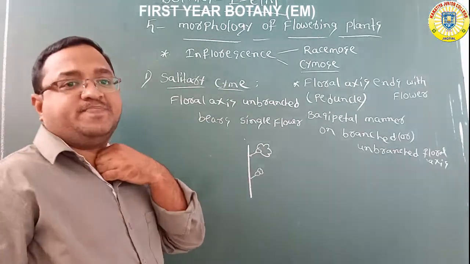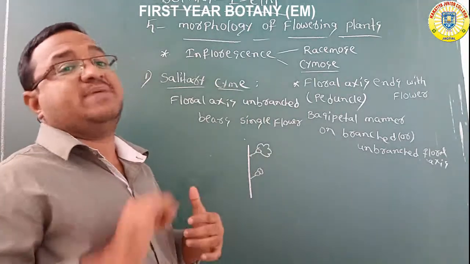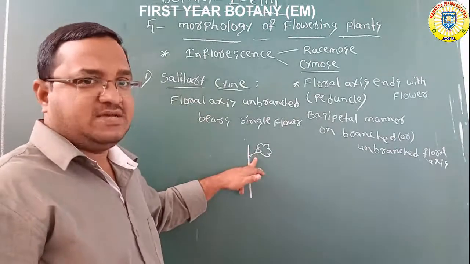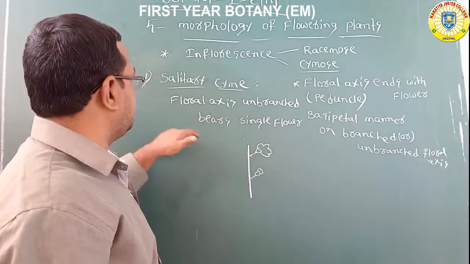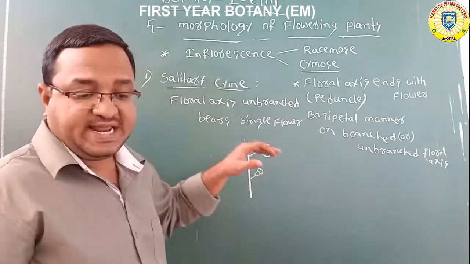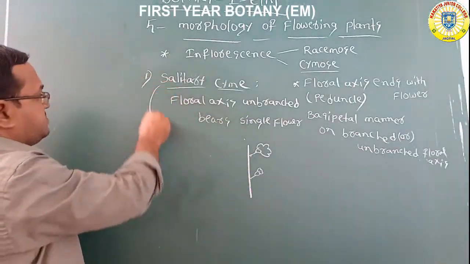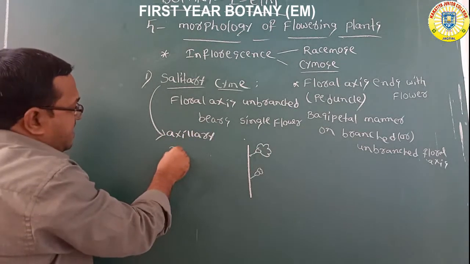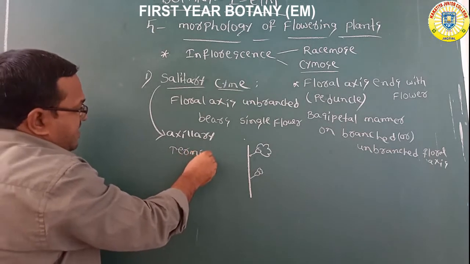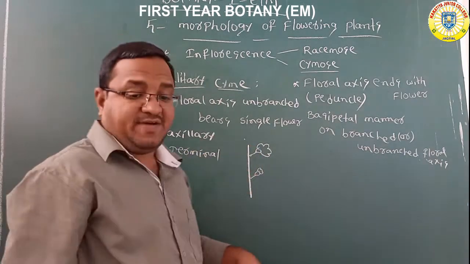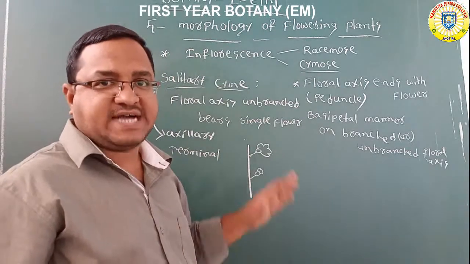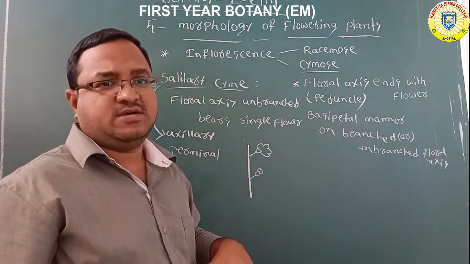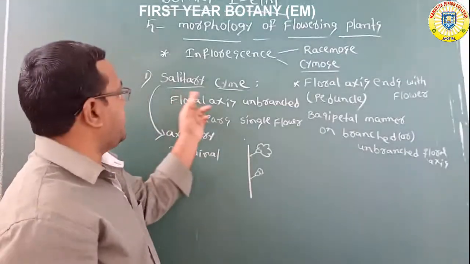In this, two types are there, axillary or terminal. Here, when the flower is developed on the axil of the floral axis, that is called solitary axillary cyme.